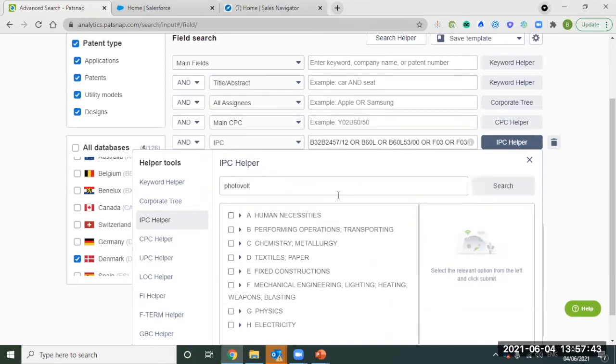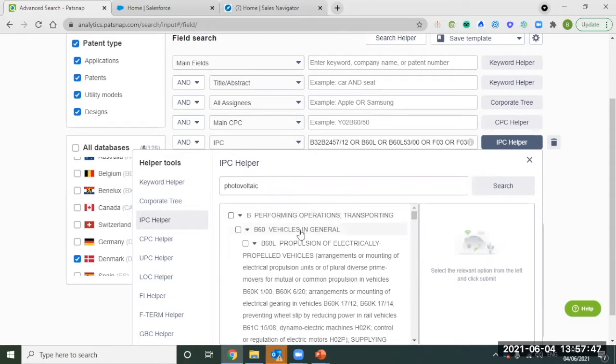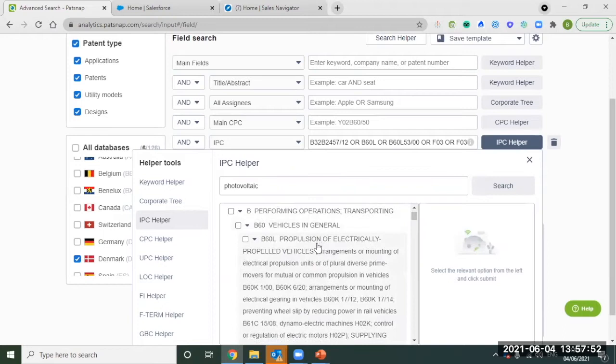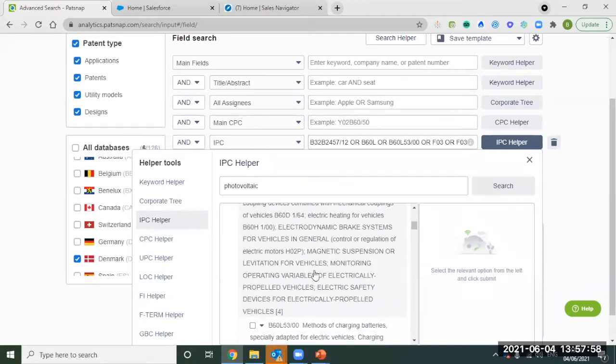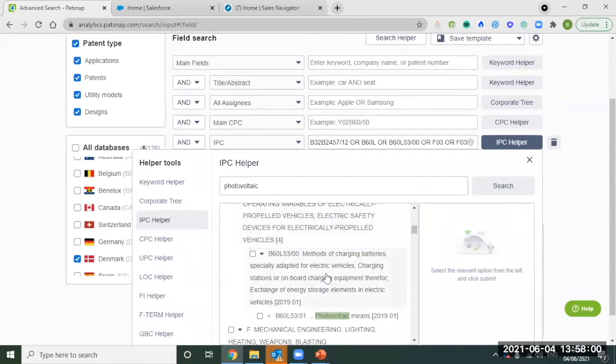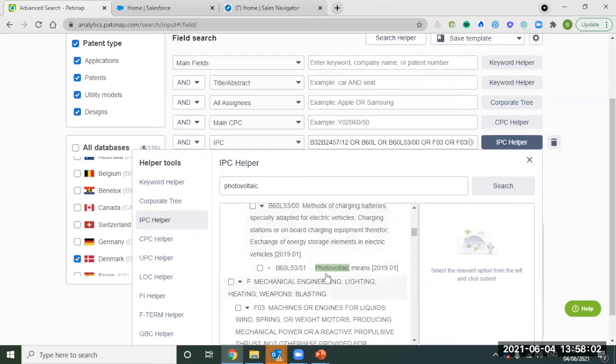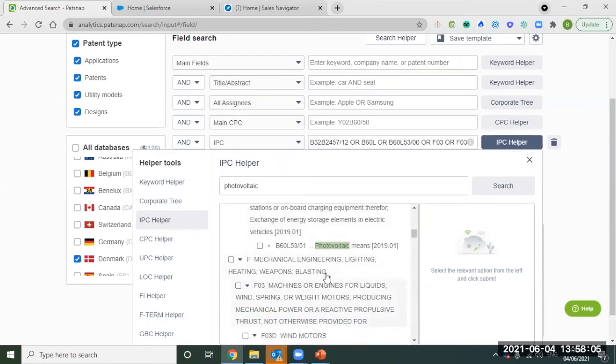So I work within the technology and transport sectors, and so I'm interested in renewable technology. So I typed in photovoltaic, and what we can see is propulsion of electronically propelled vehicles, so EV vehicles basically, methods of charging batteries, and looking at natural kinetic energy that can be converted into electricity.